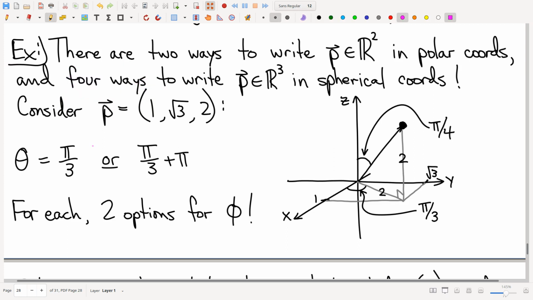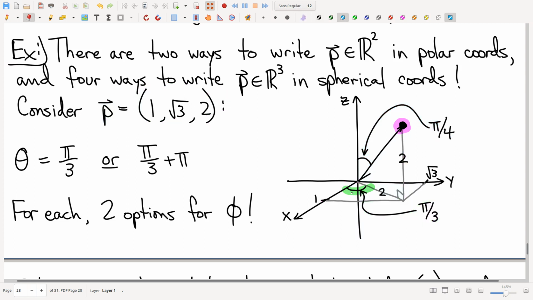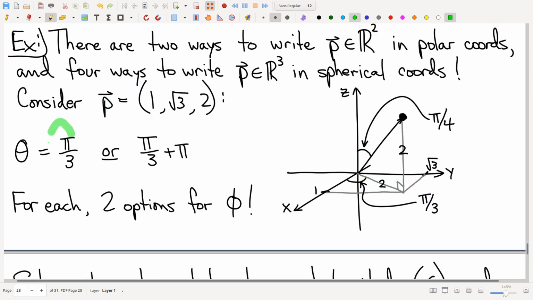Okay, for example, let's think about this point right here. There you go. Easy little bit of trig and geometry tells you that that angle is pi over 3 and that angle is pi over 4. Make sure you can do that, of course. But now how do I interpret those as spherical coordinates? Okay, so to get down to business then, one thing I could do, I could interpret this angle as telling me my theta.